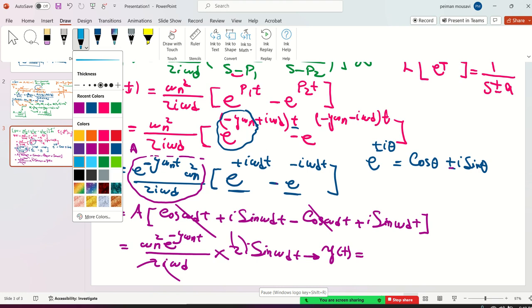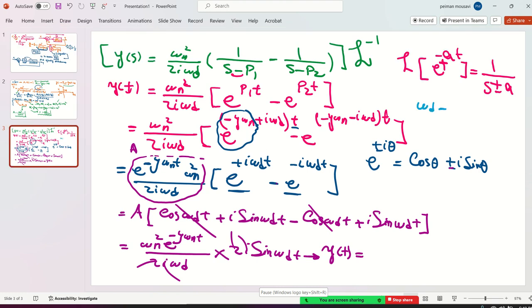and you know that omega d I defined to you is omega n times the square root of 1 minus zeta squared, previous class. If you put here and with one of these going away, it's going to be omega n over the square root of 1 minus zeta squared, e to the minus zeta omega n t, sine omega d t.